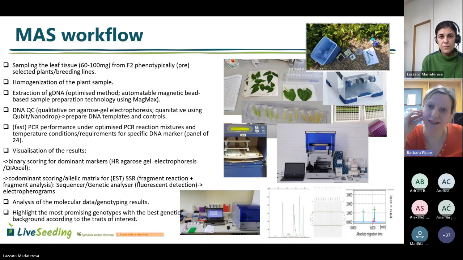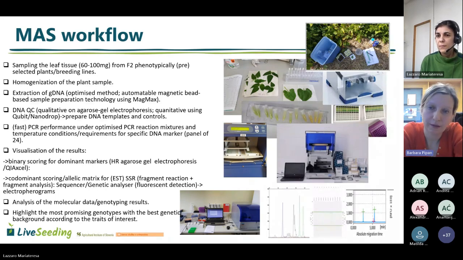The first one is the robot for the DNA extraction, so for the extraction of nucleic acids, which is MagMax. It is actually a very high throughput extraction method, which is suitable for the extraction of DNA for common bean. Then we check the quality and quantity of the extracted DNA, which is then the template for the PCR.